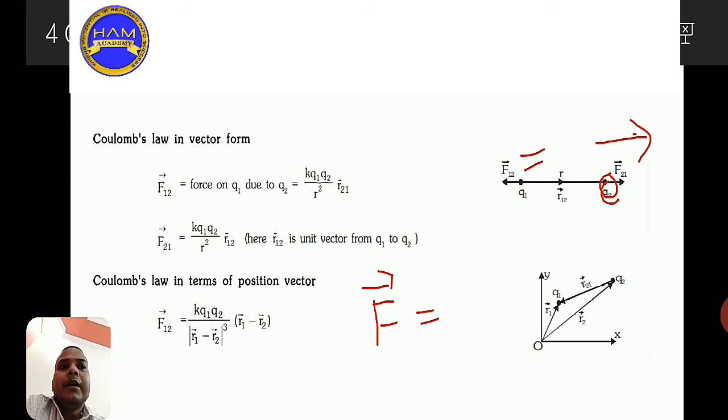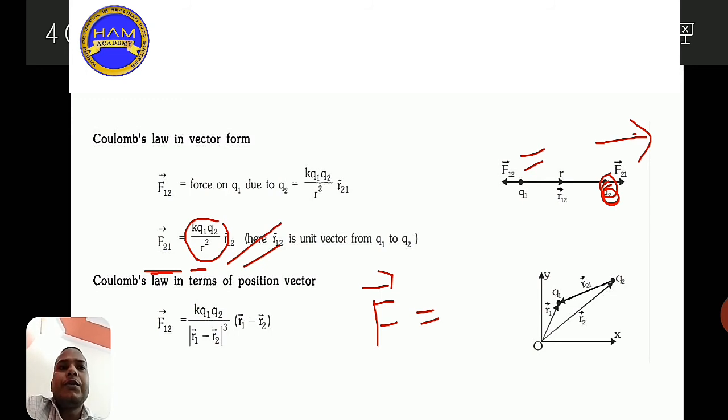So the force on charge 2 we can write as F21, meaning the force on 2 due to 1, is equal to K Q1 Q2 upon R square. This is the magnitude, and the direction is R cap.